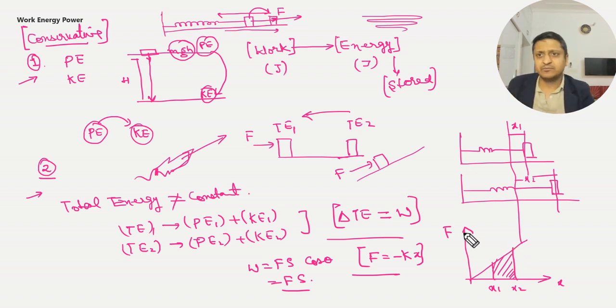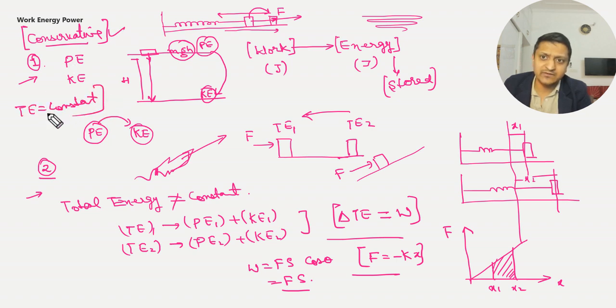So this is the basic concept in this question. There is nothing much, because work, energy and power are all very interconnected topics. The basics that you need to remember are that there are two types of cases. One is conservative, when the total energy is constant. In this, potential energy will be converting to kinetic, and kinetic will be converting to potential.